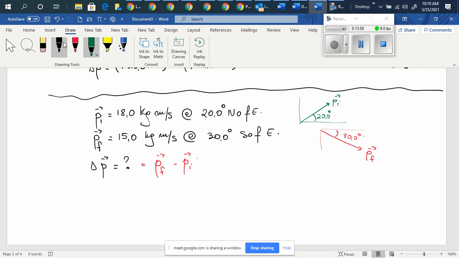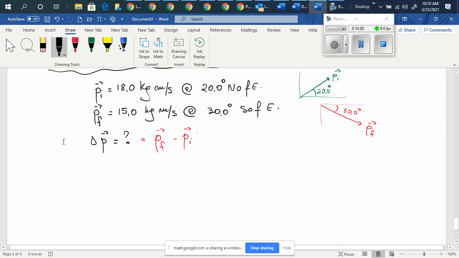Graphically, P final minus P initial will be something like this. We start here, P final is this one. And from the tip of P final, we will add a negative P initial.